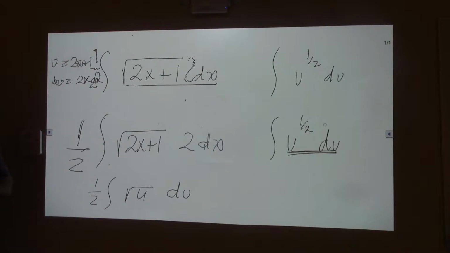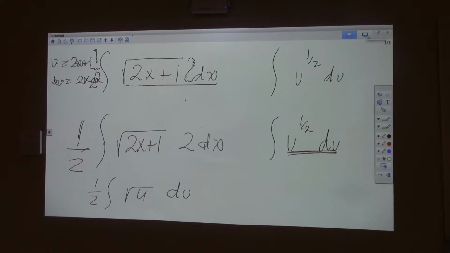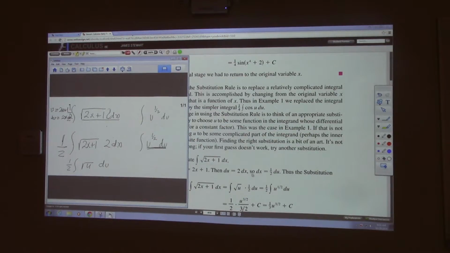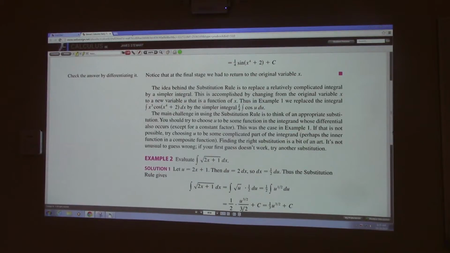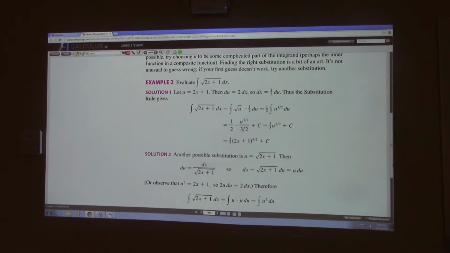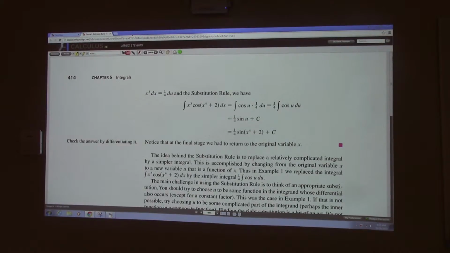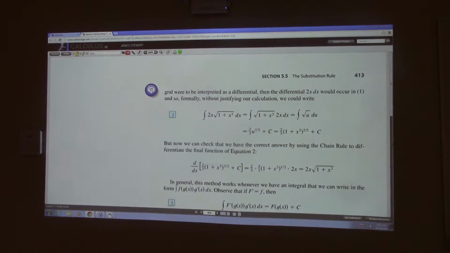All right, now look at your rule, if they have it written correctly, which I don't think they do. If you have u du, then you can take the antiderivative. That's basically what they're telling you.